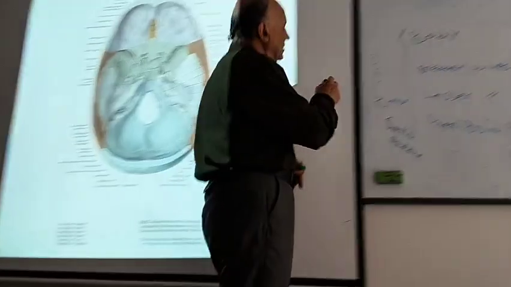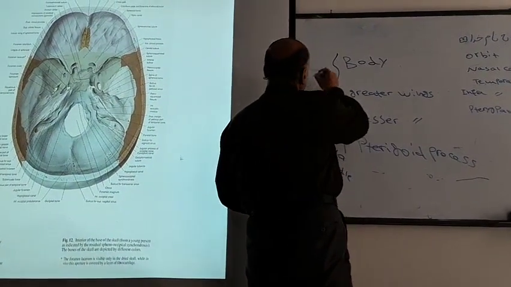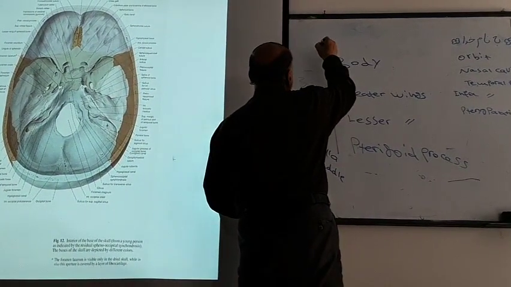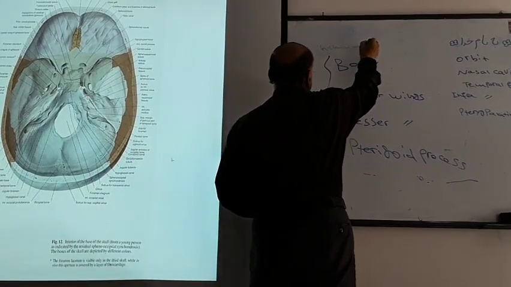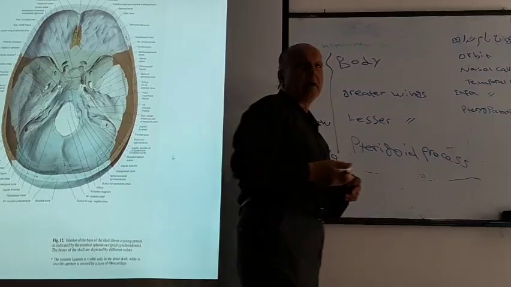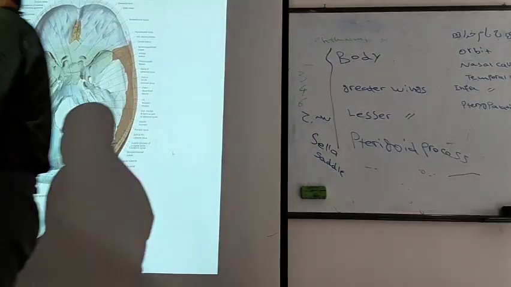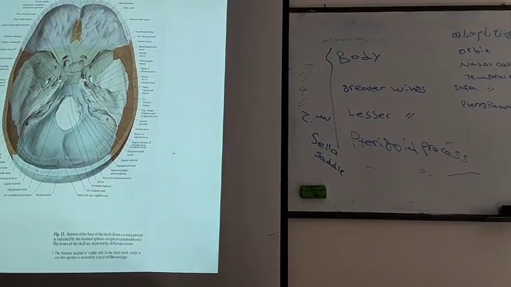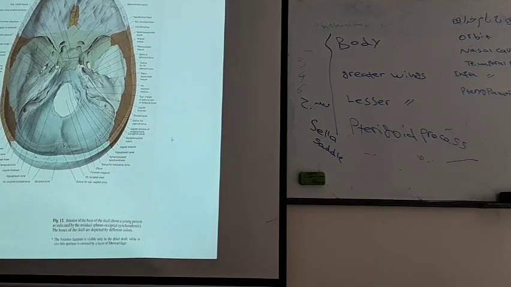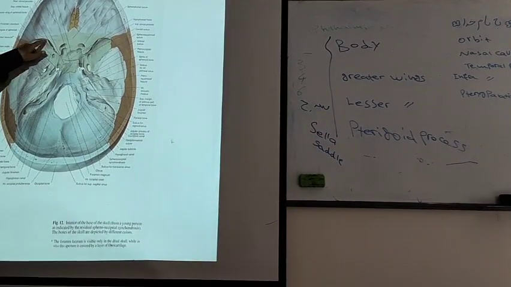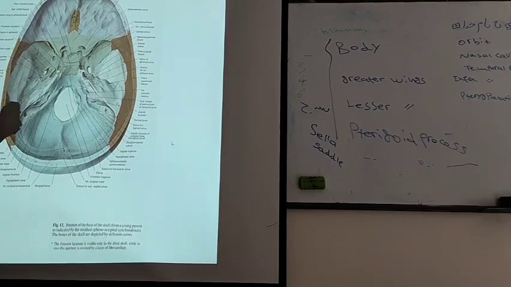Another nerve that passes through the fissure is the ophthalmic nerve. It is one of the branches of the trigeminal nerve. It is a sensory nerve. When it passes from the fissure, it comes to the orbit.